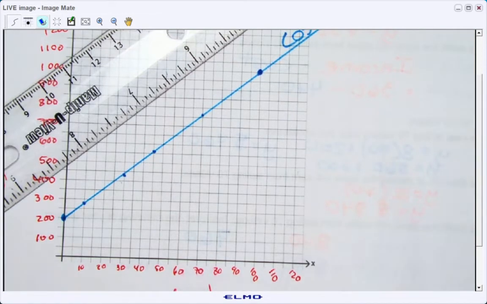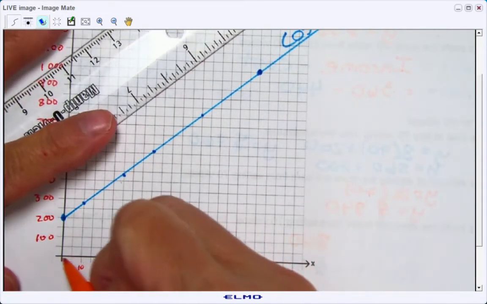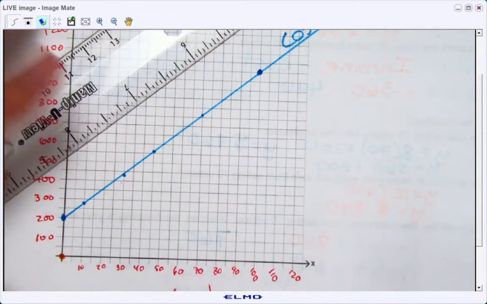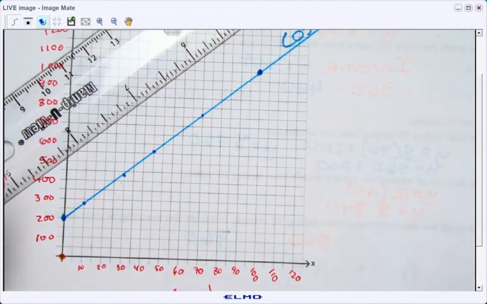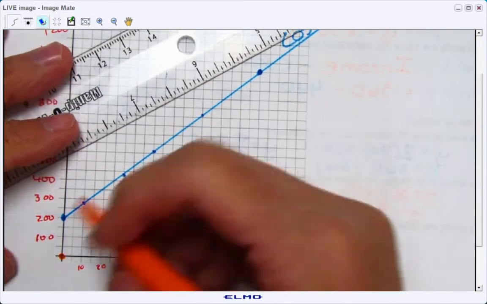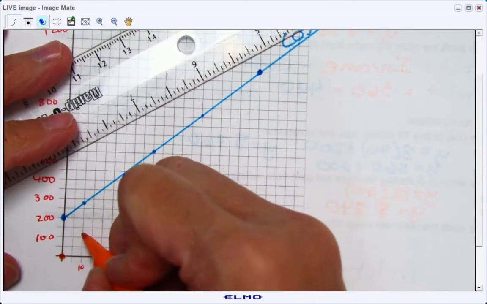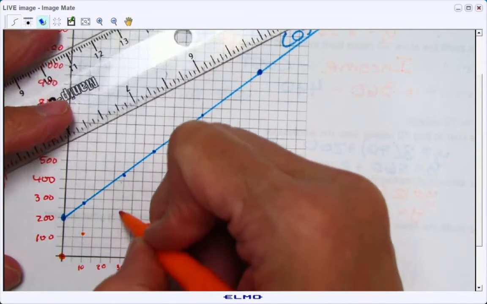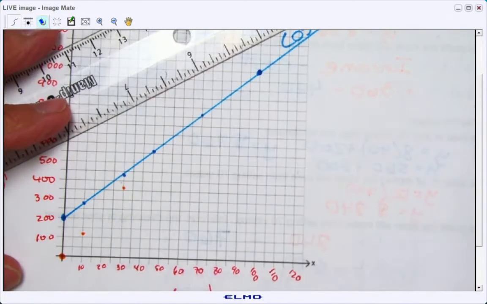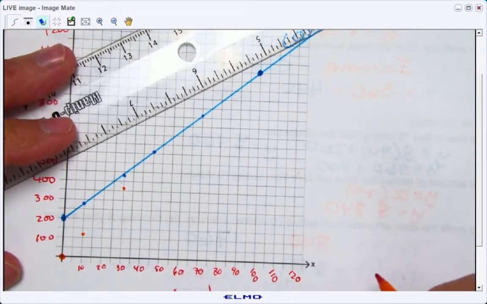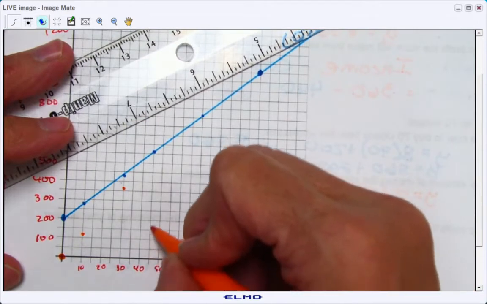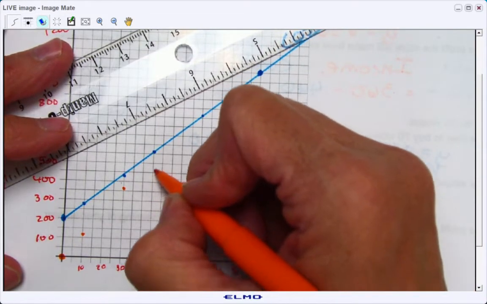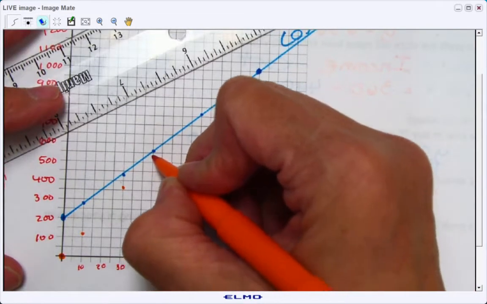Then, how much are we selling it for? Well, if we don't sell any, we don't make any money. So that's 0, 0. Then at 10 was 120. Oh, about there. And then at 30 was 360. That's about there. And then at 45, we have 540. So just below there.